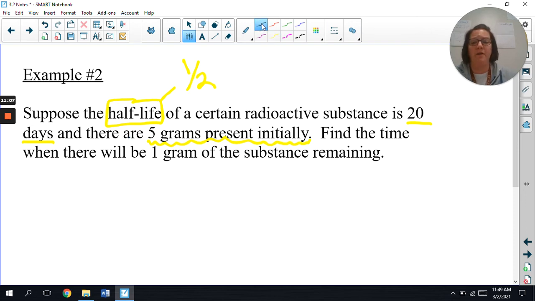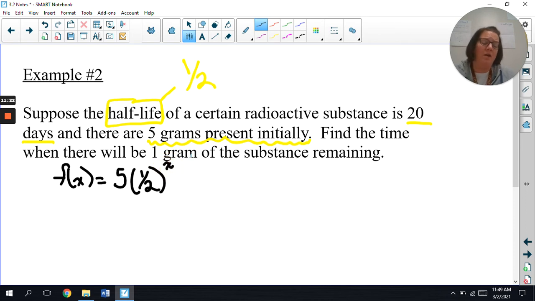So let's go ahead and write our equation. It is initial times 1/2, and x represents units of time in our case, so we don't know how long. Since the half-life only occurs every 20 days, we are going to divide that by 20.